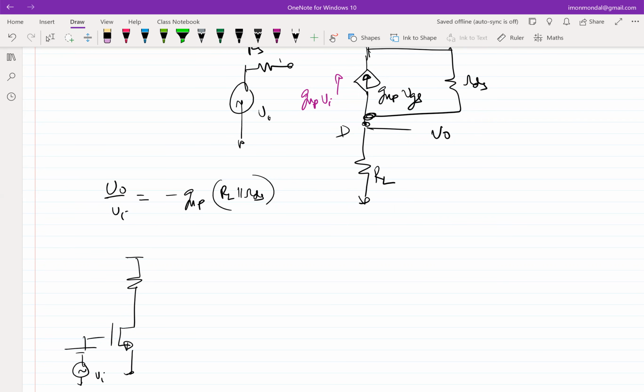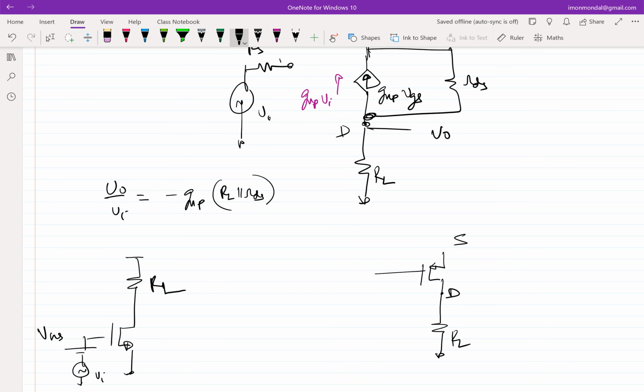Let me write it in this form, VGS of a certain value. In the case of a PMOS, the current goes from source to ground. Your resistance is connected to the drain. This is the source. You apply a voltage here.